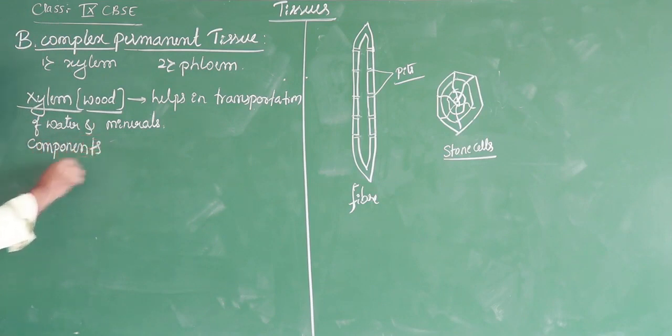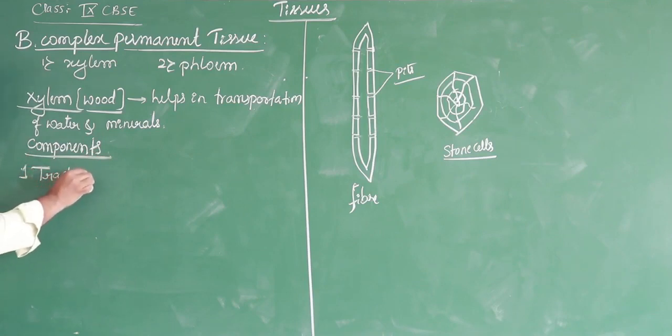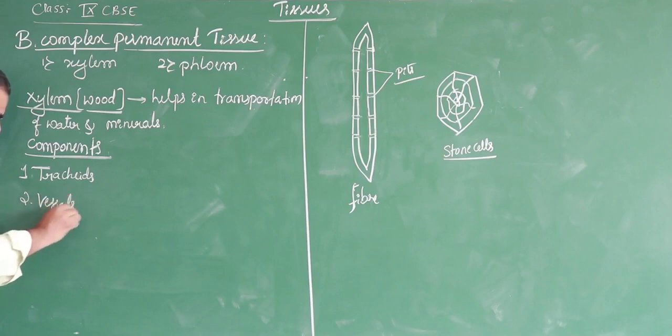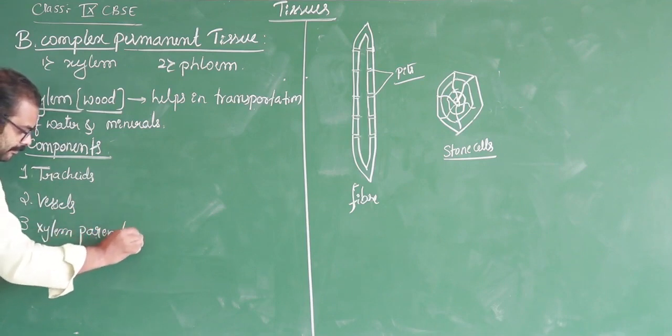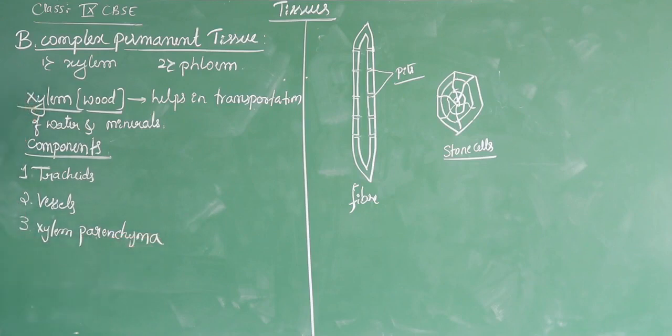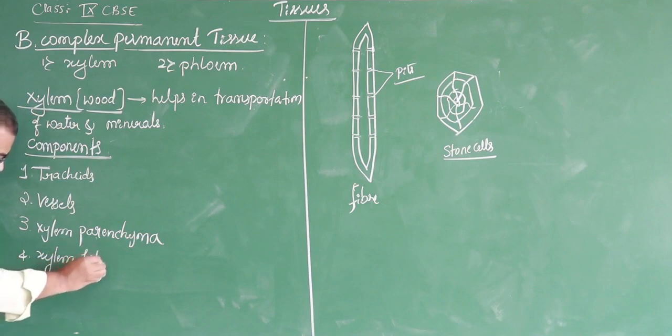The components of xylem include tracheids, vessels, xylem parenchyma, and fourth one, xylem fibers.